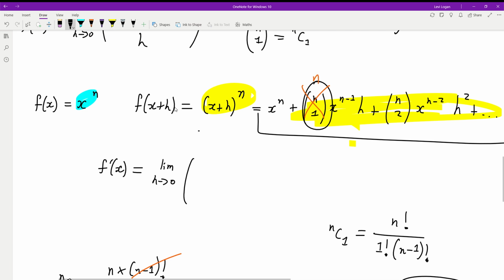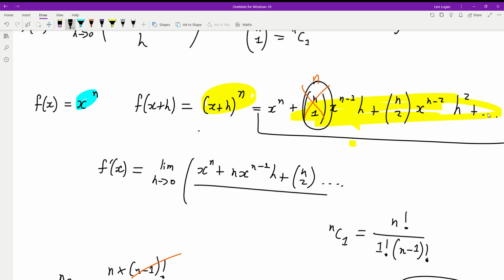So when we plug that into our equation up here, we're going to get x to the n plus n x to the n minus 1 times h plus the rest of this nonsense with all the h's, minus x to the n, which is our f of x, all over h. Okay?